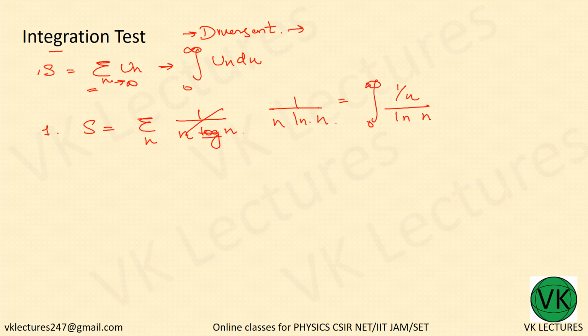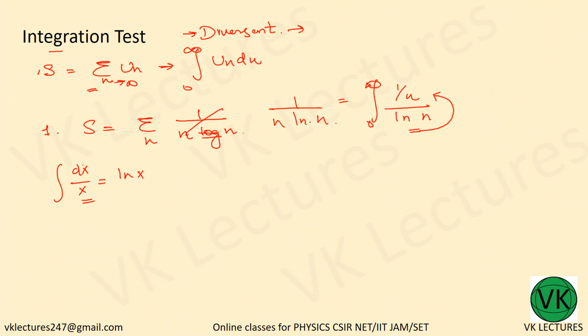Now, in the numerator you are seeing 1 by n, it is the derivative of what is in the denominator. So the integral of dx divided by x is nothing but log x, right? Whatever is in the denominator, its derivative is in the numerator.